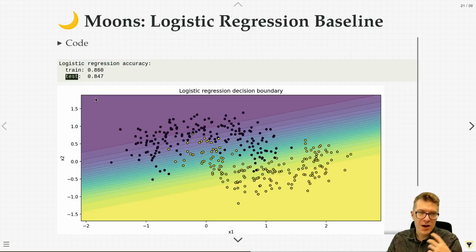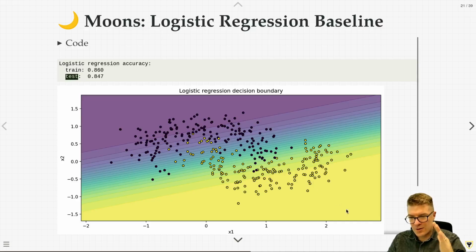Anyway, we have our training performance, we have our testing performance, and not great really, right? We get up to about 84.7% accuracy on the test set, and the decision boundary is visualized here.